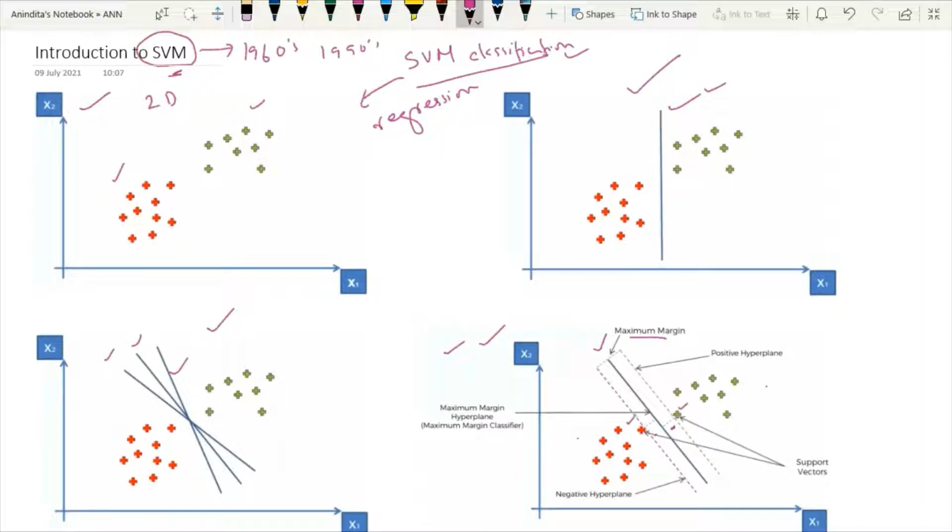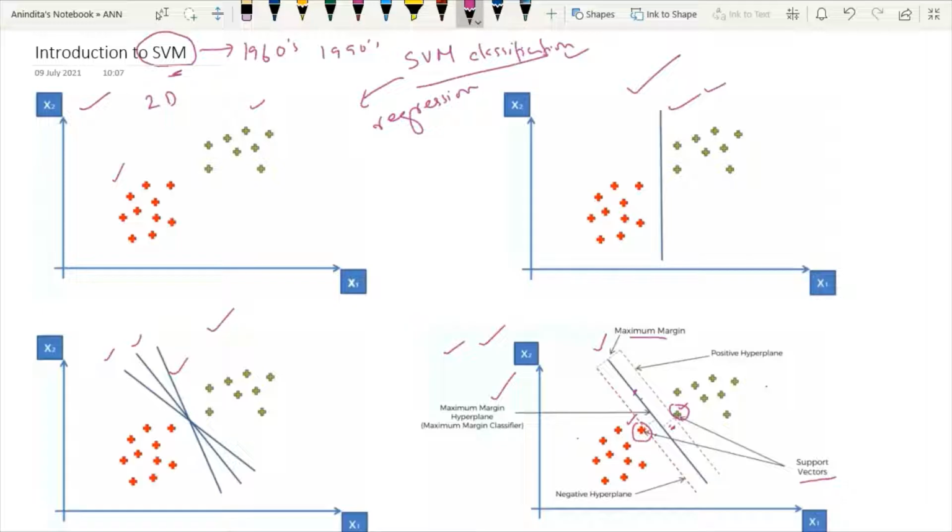We have 2 points over here and this line is drawn equidistant from these 2 points. So this line is known as the maximum margin. And what are these 2 points?